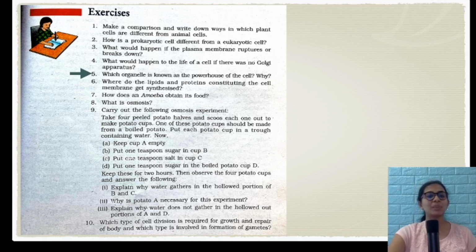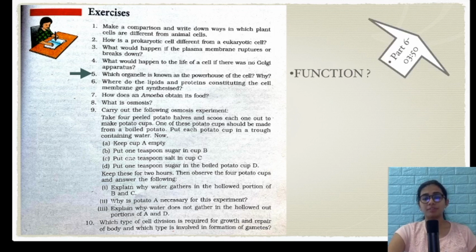In case this question is asked for a lot of marks, you will need to explain it much more specifically about the mitochondrion, and you might need to bring in ATP, energy currency, and all those terms as well. If you need to know more about the functions of mitochondria and how they look, look into part 6 of the series at the time interval 0350.